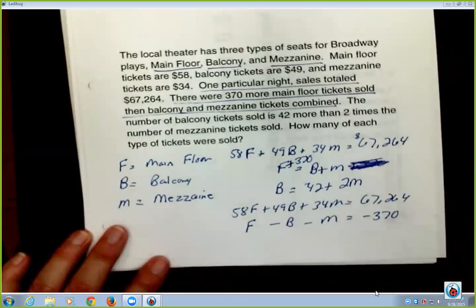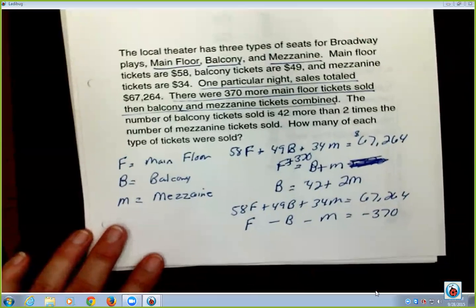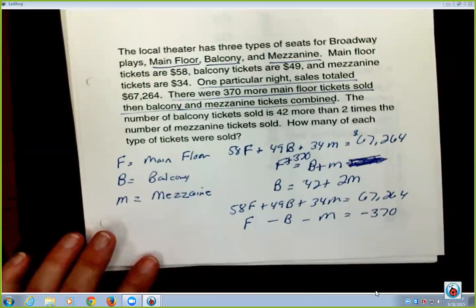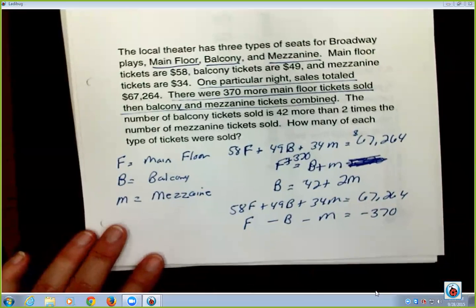When I move the 370 over, it's going to become a negative 370 when I get it solved so it's in standard form. Because the balcony and mezzanine combined is 370 less tickets than the floor, correct? So floor minus balcony minus mezzanine would equal 370, correct?